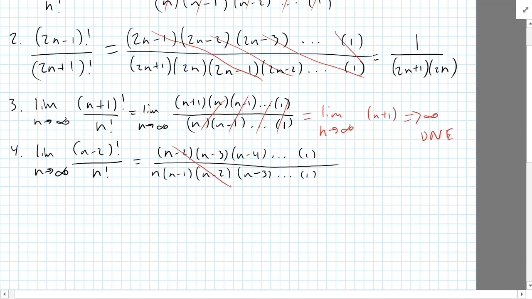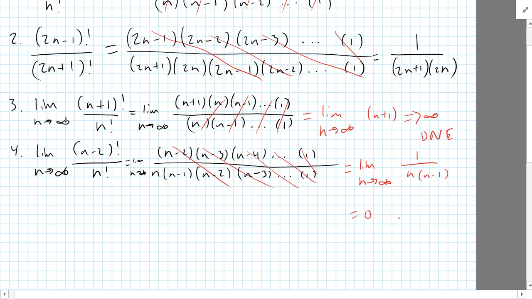Everything's going to cancel out except for, I'm going to end up with, oops, I forgot to write a limit. Limit as n goes to infinity of 1 over n times n minus 1, which is going to go to 0, so the limit exists.